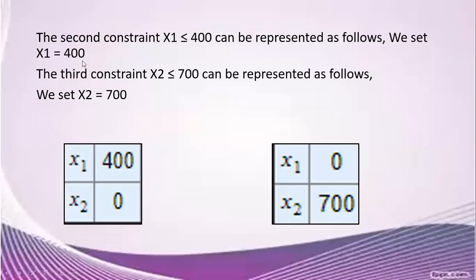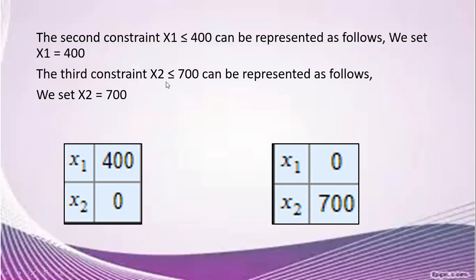Similarly, the second constraint is x1 is less than or equal to 400. So we'll get x1 equal to 400, so x2 will be 0. So I'll get the coordinate as 400, 0, that will be along the x-axis.